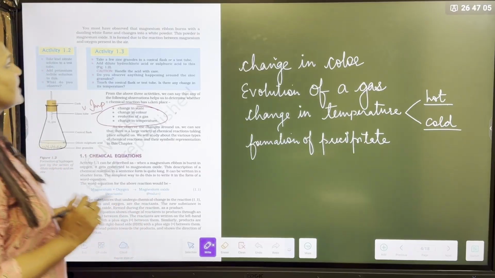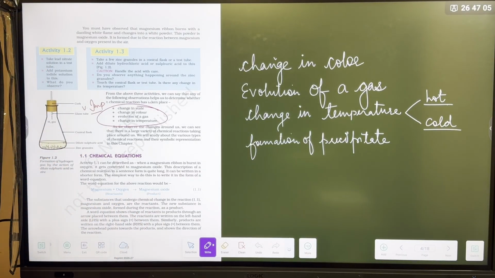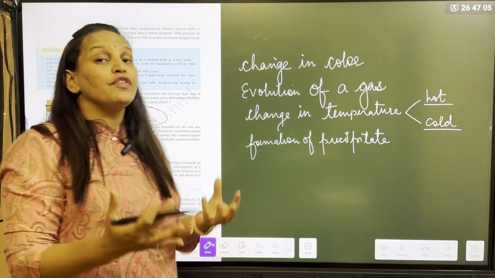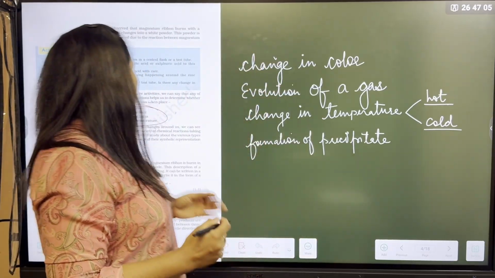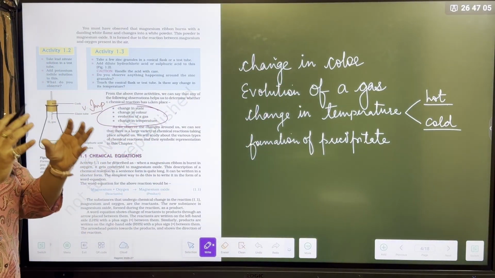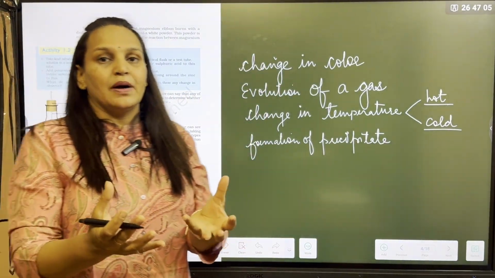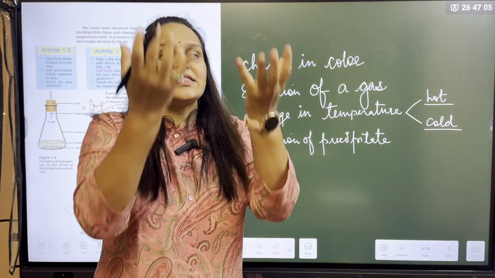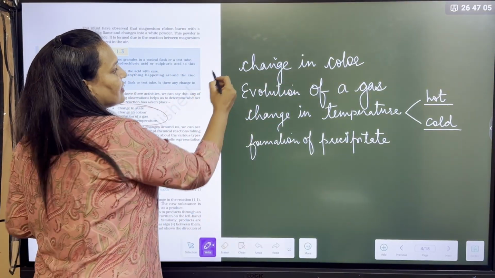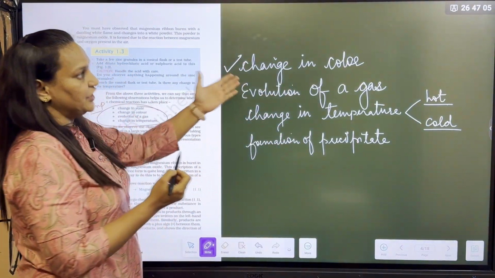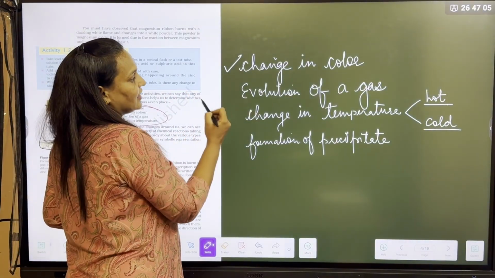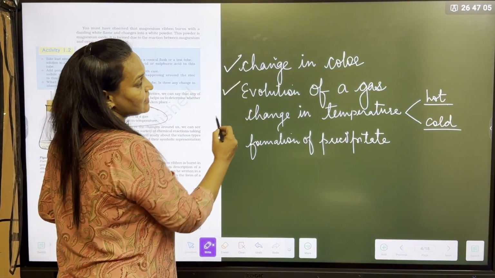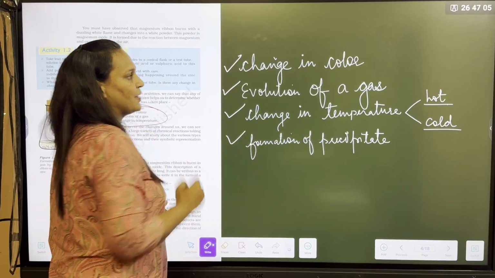Now, next is, when we see any chemical reaction, how do we know a reaction is taking place? For example, when a paper is burnt, how do we observe? Heat is coming out. So these are the observations which we look for: change in color, evolution of gas, change in temperature, formation of precipitate.